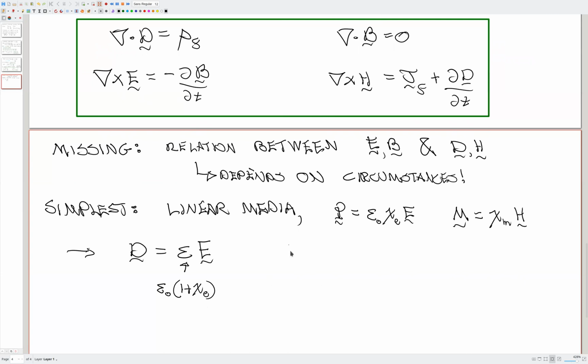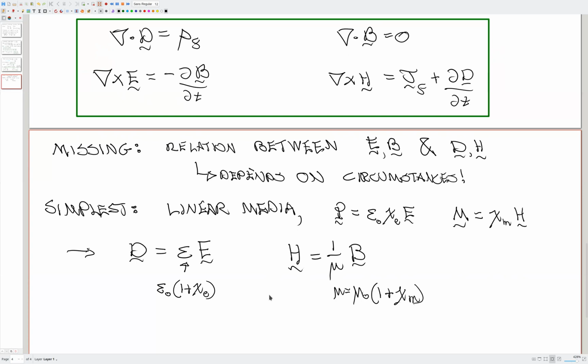And then H is equal to 1 over mu times B, where mu is mu 0 times (1 plus chi m).